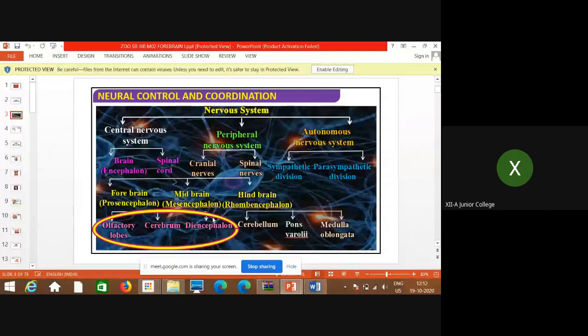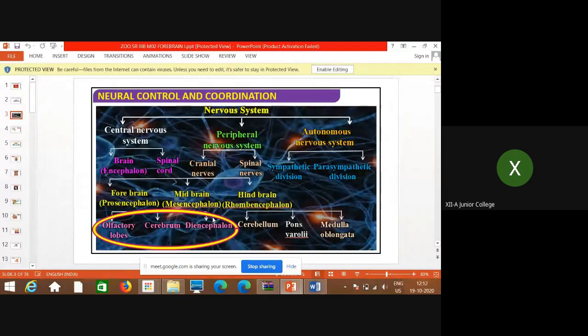This encephalon is divided as prosencephalon, that means the forebrain, the front part. Midbrain is called mesencephalon, the middle part. Hindbrain is rhombencephalon, the behind, that means the back side of the brain.